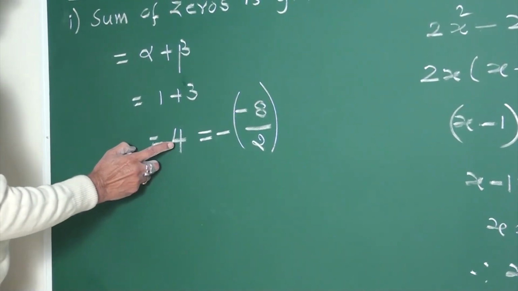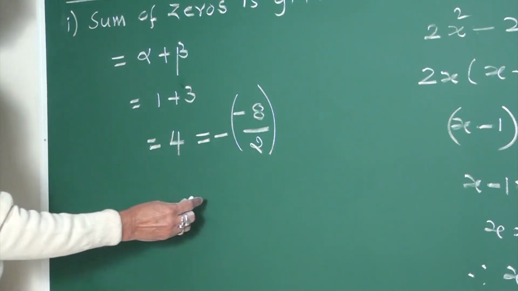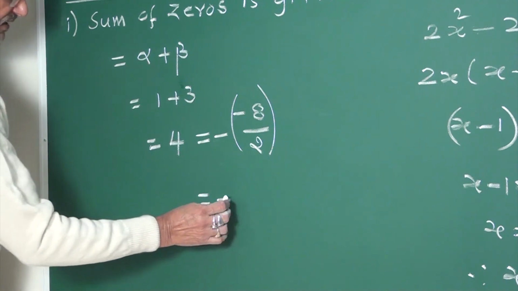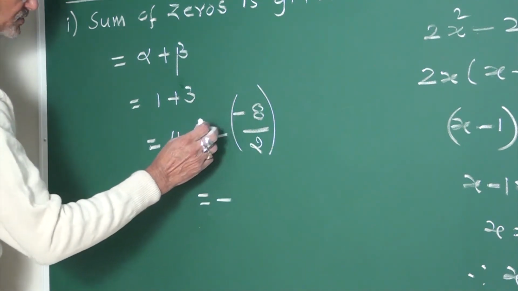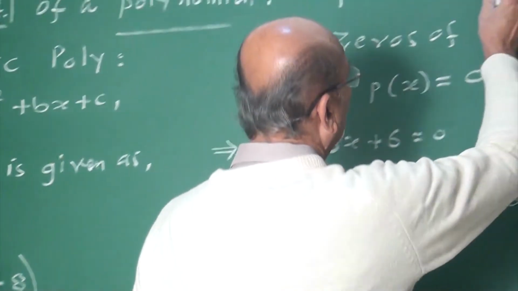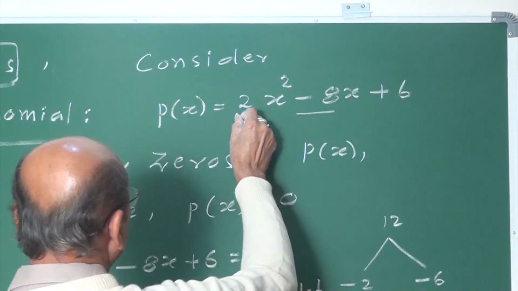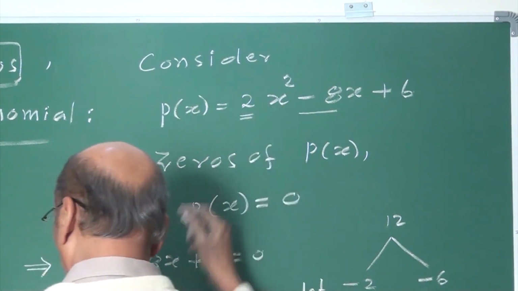Therefore, this 4 can be written as minus of minus 8 upon 2. This minus 8 is the coefficient of x. What is this 2? It's the coefficient of x square.